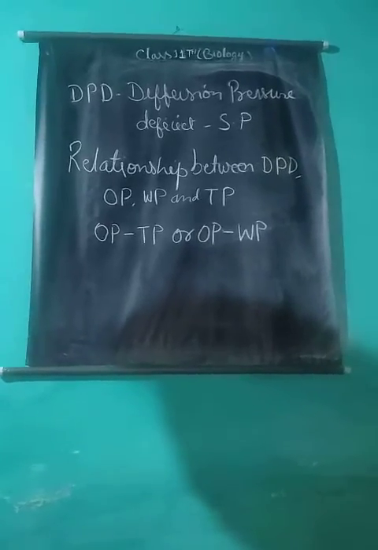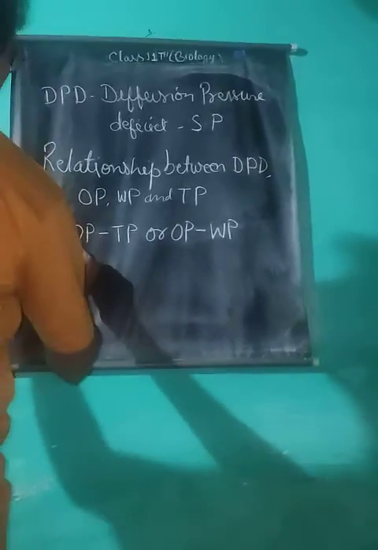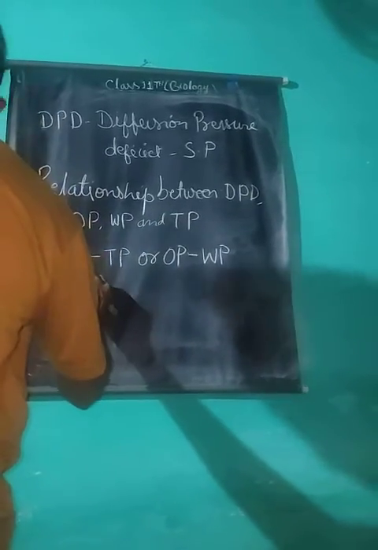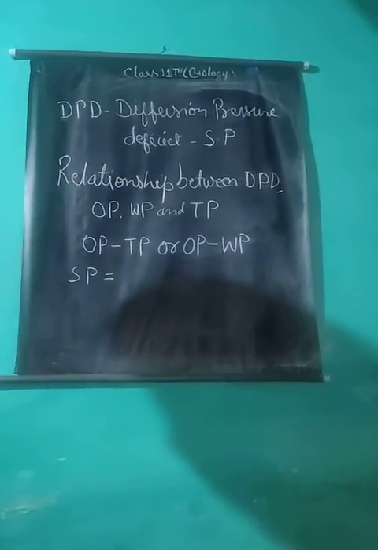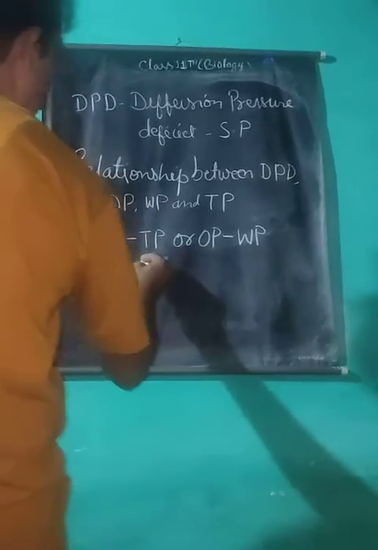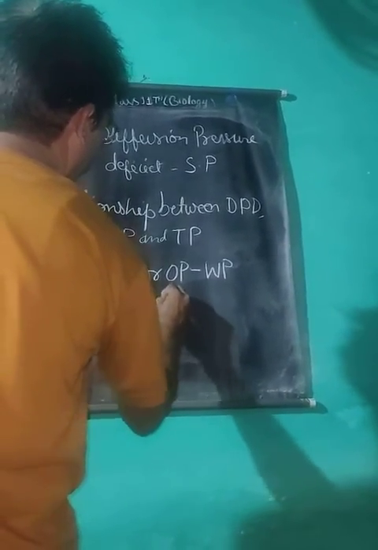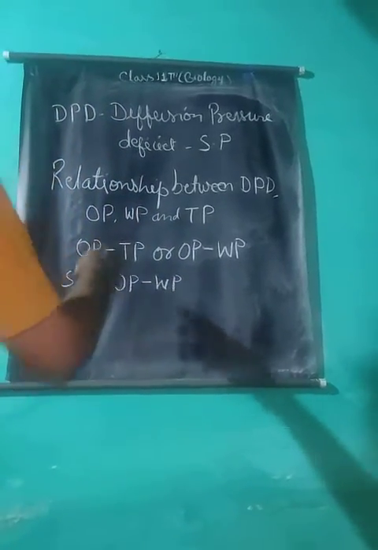So DPD or SP, suction pressure or diffusion pressure deficit, is equal to osmotic pressure minus wall pressure, because TP is equal to WP.